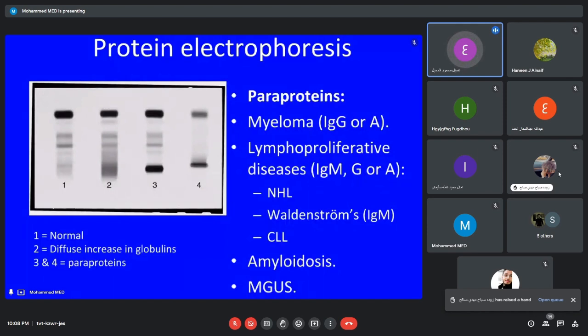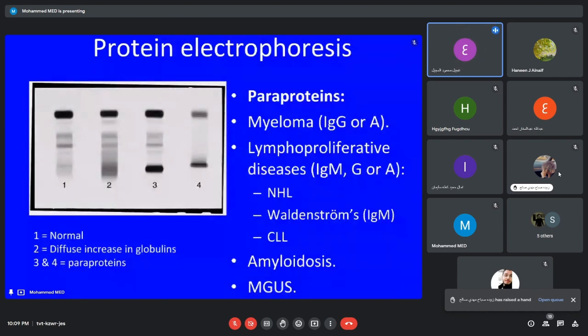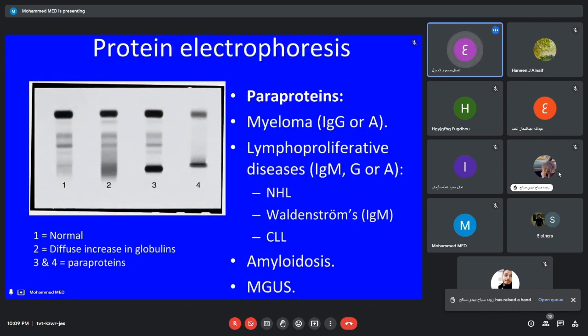So I will say it again. If you find a diffuse increase in the globulins, it means that it's an inflammatory or infectious process. If you find that only one is high and the others are normal, there are two possibilities. The first possibility is monoclonal gammopathy of undetermined significance, MGUS. And in this condition, all other investigations are normal.